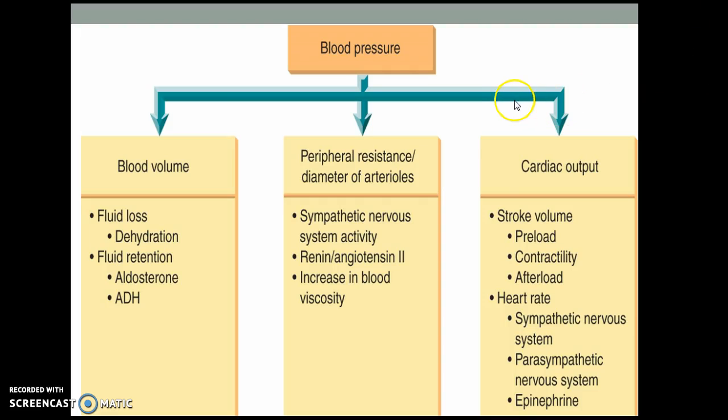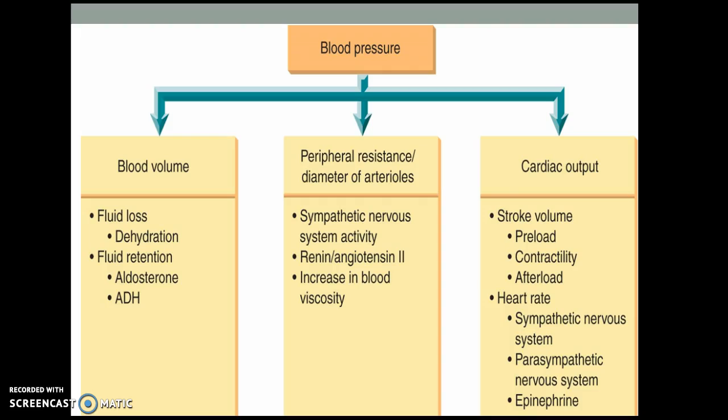The third thing that affects your blood pressure is cardiac output, which is the amount of blood ejected from the heart in 1 minute. And it's heart rate times stroke volume. So stroke volume is the amount of blood ejected in 1 beat. Things that affect the amount of blood ejected in 1 beat are preload, which was one of your terms that you had to learn for your pre-assignment, contractility, and afterload.